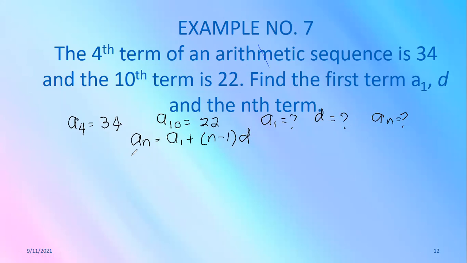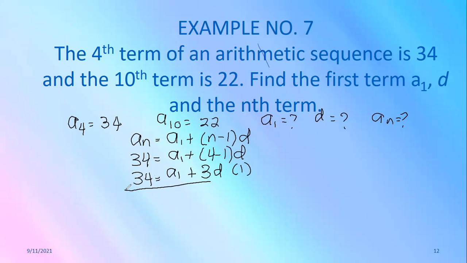We have 34 equals a sub 1 plus 4 minus 1 multiplied by d. So this is 34 equals a sub 1 plus 3d. This will be your equation 1.